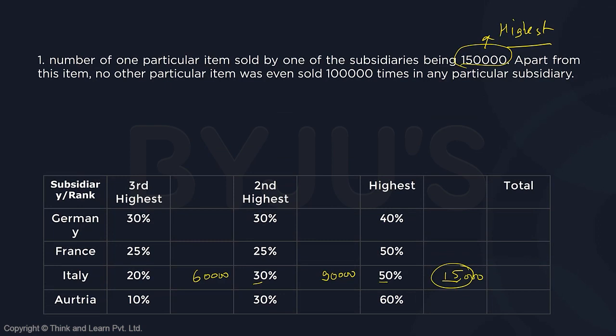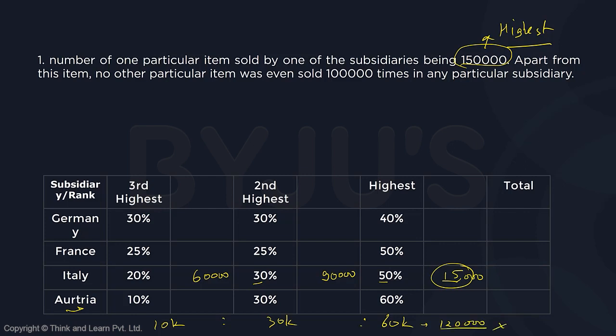Yeah, we can talk about Austria also. This ratio is 1:3:6. So either it would be 10,000, 30,000 or 60,000 or a multiple of that, right? If you double it, it gives you 1,20,000.